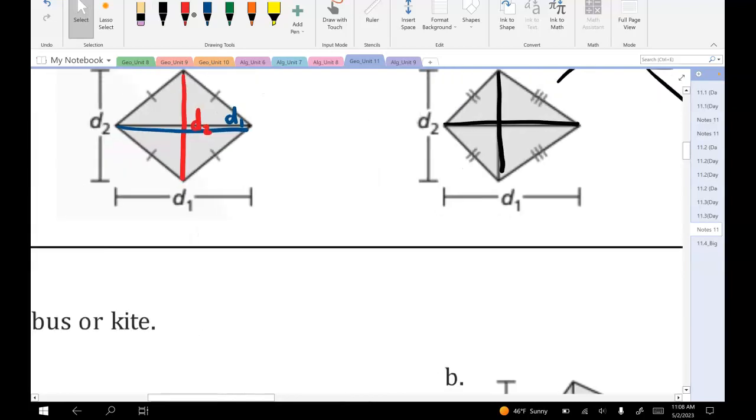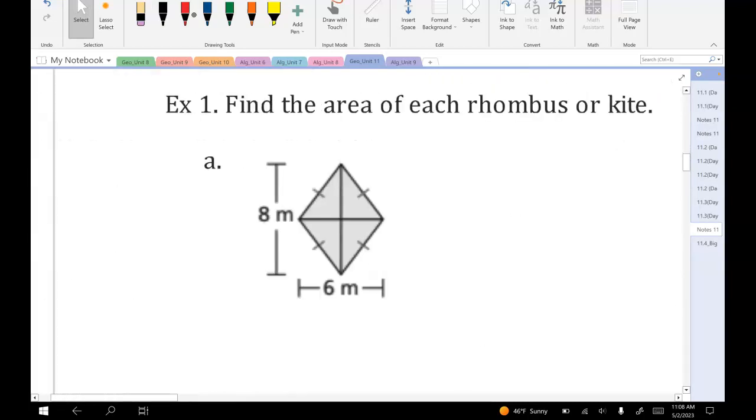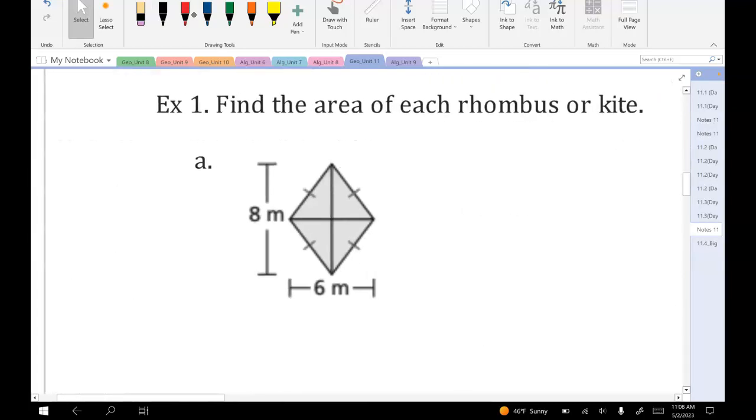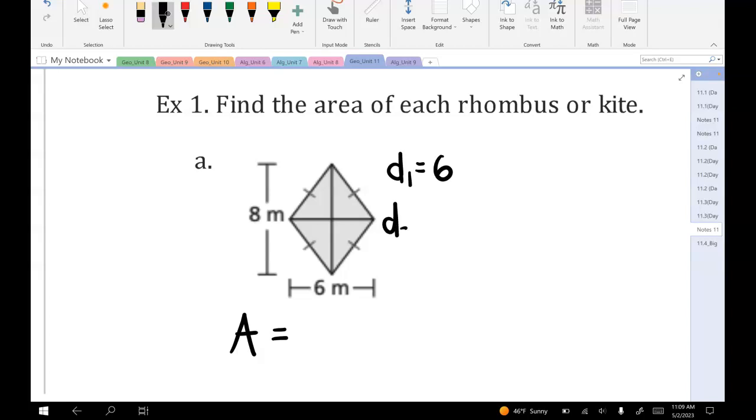All right, let's do some actual examples now of finding area. To find the area of this, which would be an example of a rhombus, your area is equal to 1/2 times diagonal 1, which we could say is 6, times diagonal 2, which is 8. So it's 1/2 times 6 times 8.